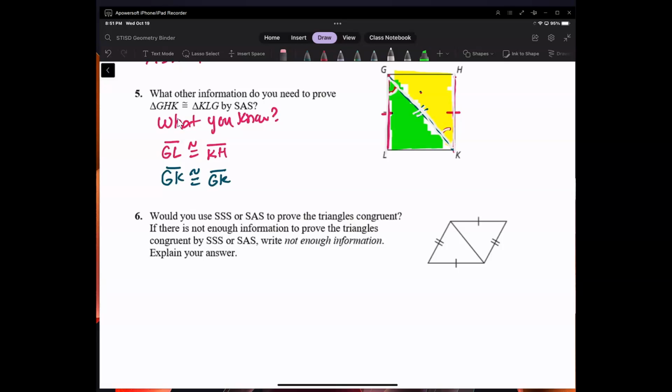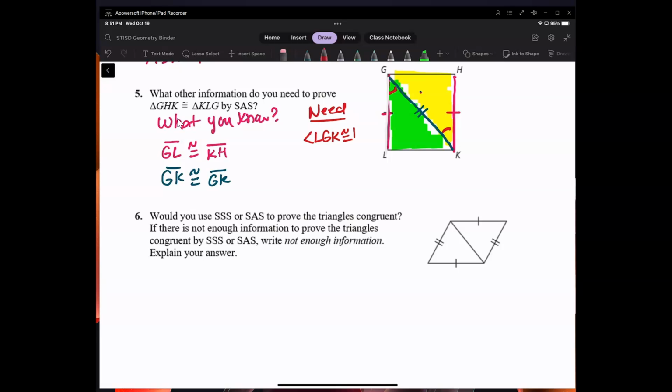What angle do you need to prove using side angle side? You need the included angle. So we're going to write what we need. So I'm going to put need. We need angle, and you got to make sure you name it right. L, G, K has to be congruent.